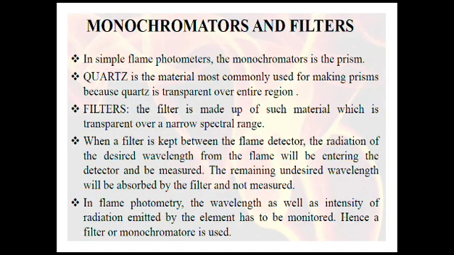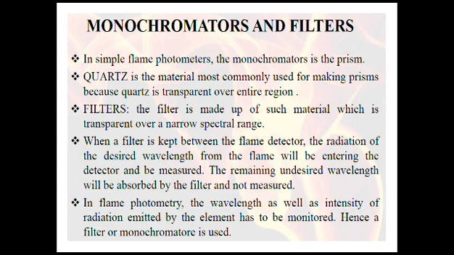In flame emission spectroscopy, the excitation source is the flame. After this excitation source, the next component is monochromators or filters. In a simple flame photometer, the monochromator is a prism. Quartz is the material used for making the prism because quartz is transparent over the entire region. The filter is made of a material which is transparent over a narrow spectral range.